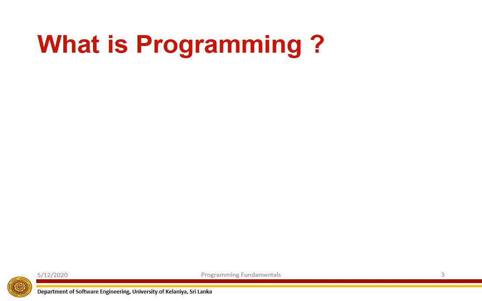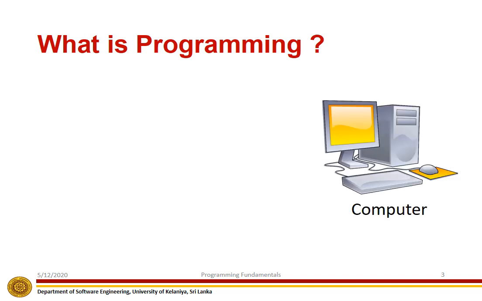What is programming? First we will see what a computer is. A computer is a general purpose machine which can perform many computational tasks. Modern computers can perform millions and trillions of computations in a fraction of a second. But they cannot do it on their own. Computers cannot think.